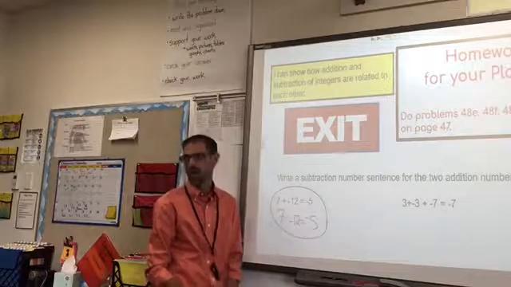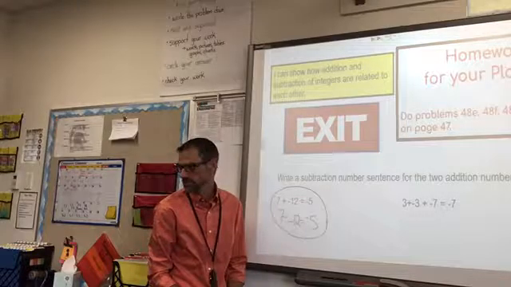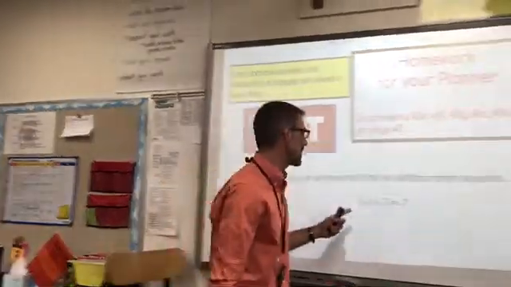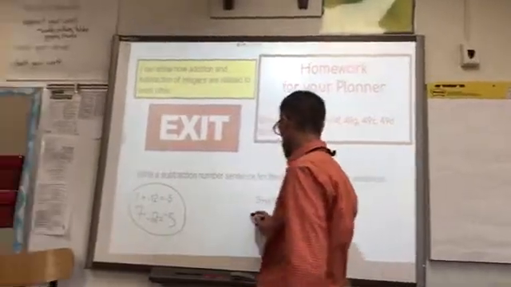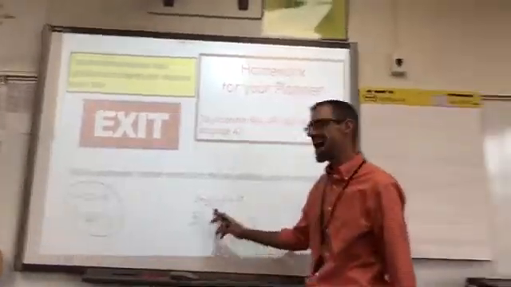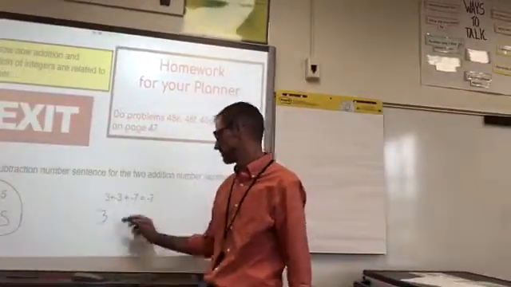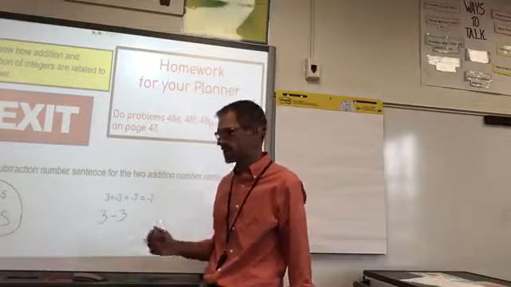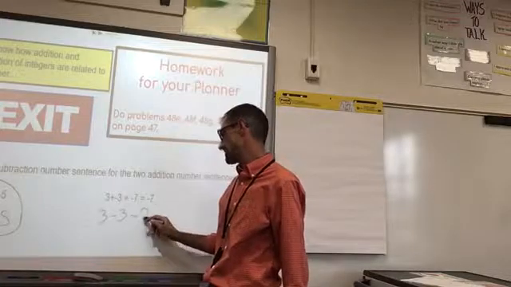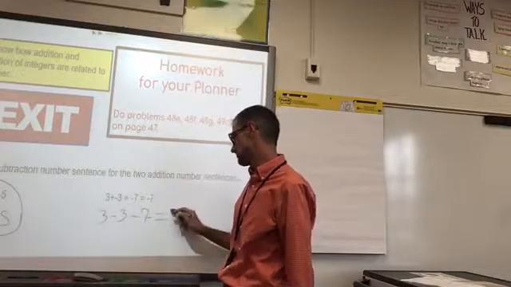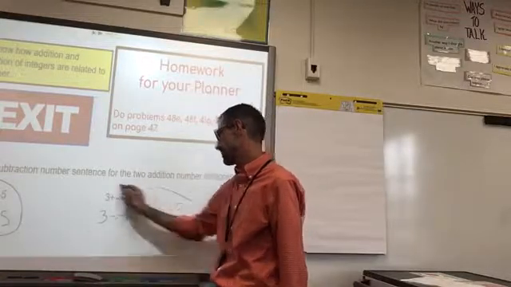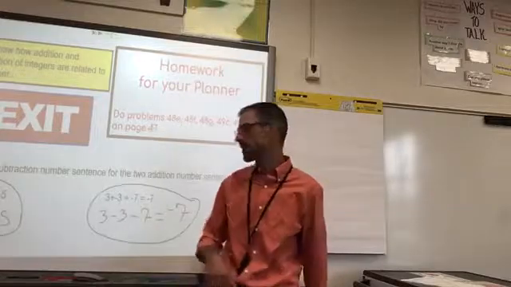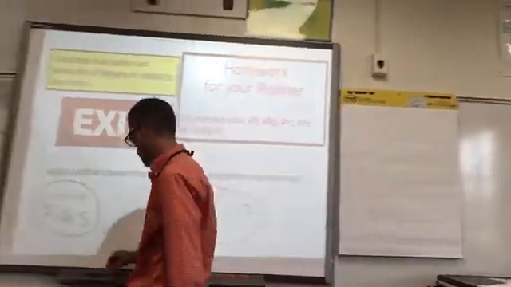That's what we explored all day today. Okay? Over here. 3, instead of add negative 3, what can I do? Subtract 3. Instead of add negative 7, what can I do? Subtract 7. And what does all that equal? Negative 7. They are the same.